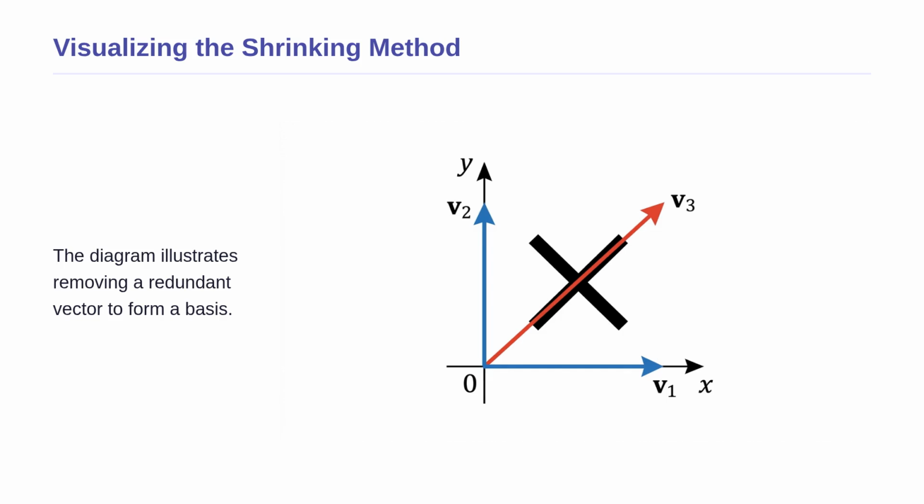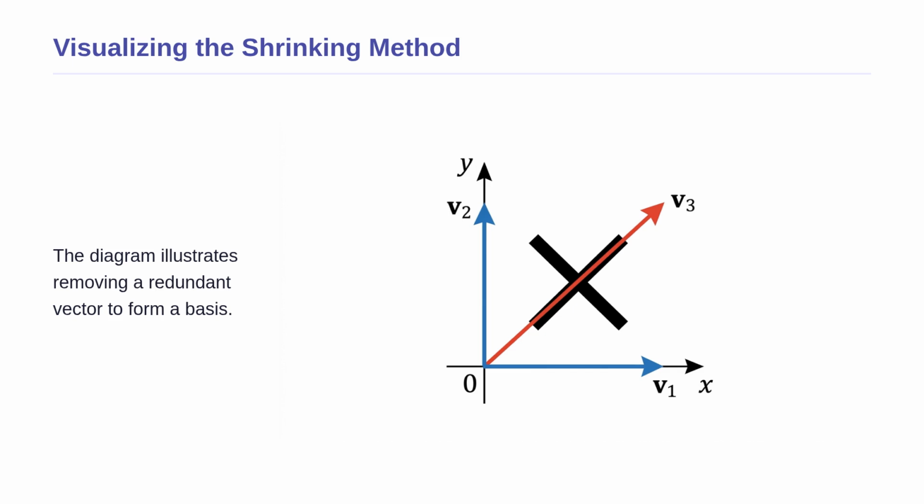Before we calculate anything, let us see this shrinking method visually. Look at the diagram on your screen. We are in a two-dimensional plane, defined by the horizontal x-axis and the vertical y-axis. We started with 3 vectors, which we know is one too many for a 2D space. You can see 2 blue vectors, v1 and v2, pointing along the axes.